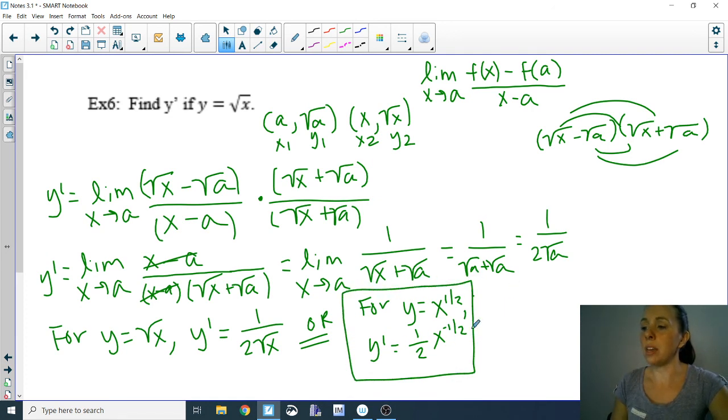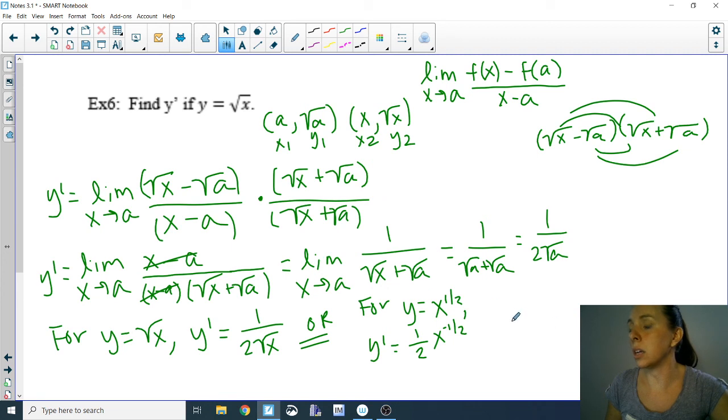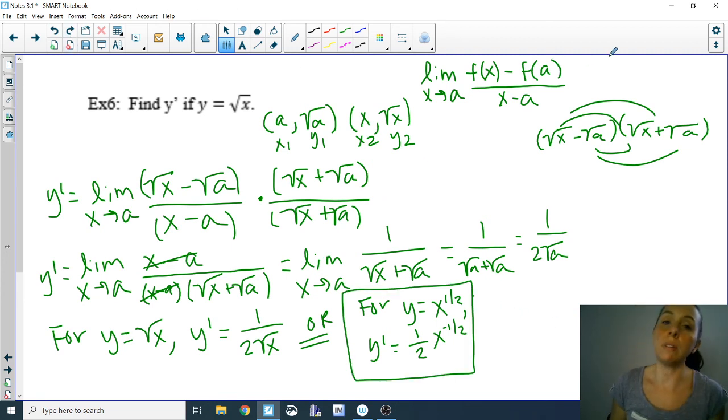Okay, and that might look a little bit messier than what we have over here, but I promise you that this is actually what you're going to remember for the most part when we discuss the derivative of the square root of x from now on, okay?